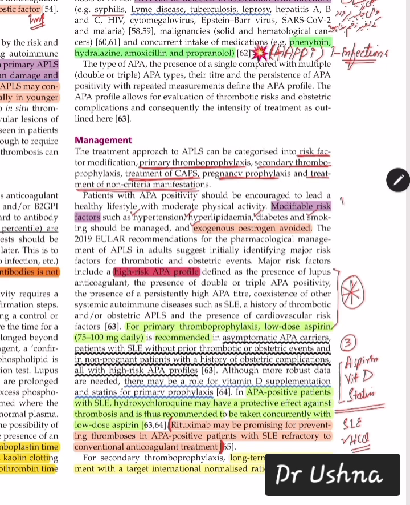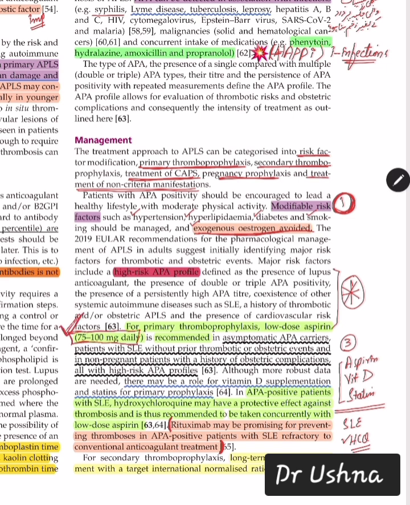The first is modifiable risk factors. The modifiable risk factors are the same as for SLE, like hypertension, hyperlipidemia, diabetes, smoking, or any other trigger like exogenous estrogen. You have to avoid all these things. Second is the primary prophylaxis. Whenever you find a patient with a positive antibody profile of APLS, you have to start the patient on aspirin, 75 to 100 milligram daily.